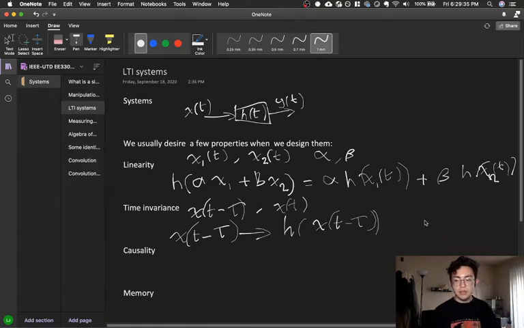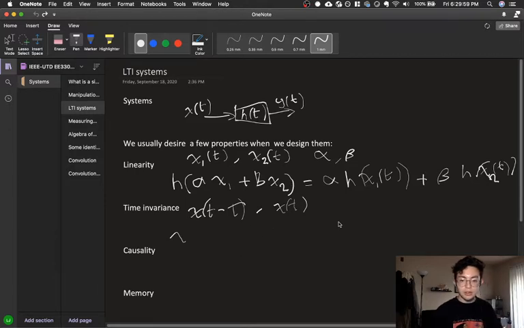So if we have a shifted input, then we'll have a shifted output, and it'll be shifted by the same factor, tau. Let me try and write this more succinctly.